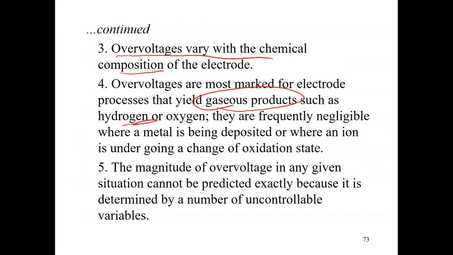These 5 are also listed in your table, in your textbook on page 651. So just be aware of the 5 characteristics that cause these particular over voltages in the charge transfer polarization effects that are associated with them. So basically, that's the outline of the chapter right there.